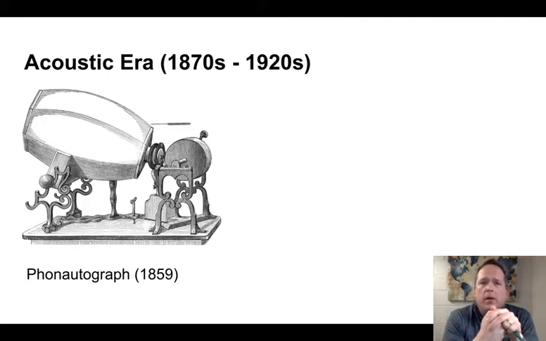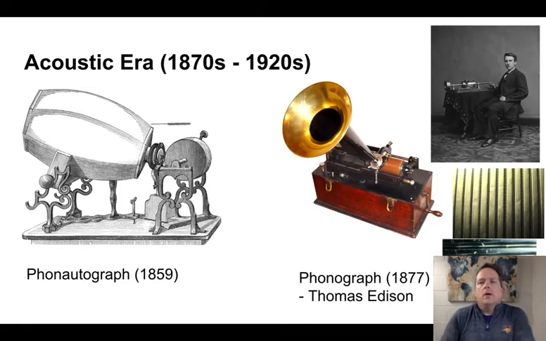And so somebody thought, hey, if instead of just writing this down on a piece of paper or paper tape or whatever it is, we etch it into something soft, we should then be able to make the stylus trace that path again later and reproduce the sound back. And that's the basic idea behind Edison's phonograph that came out in 1877.